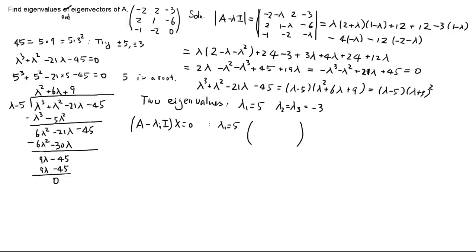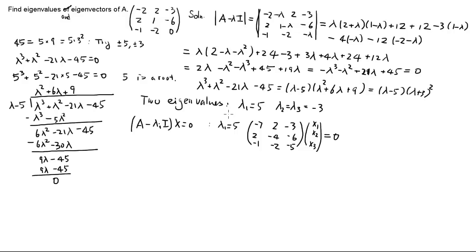So this is negative 7. And then this one is 2, and this is negative 3, and this is 2. And then we have 1 minus 5, so it's negative 4. And then we have negative 6, and negative 1, negative 2, and negative 5 over here. Lambda is 5. So what do we have of something like this? x1, x2, x3 is equal to 0.